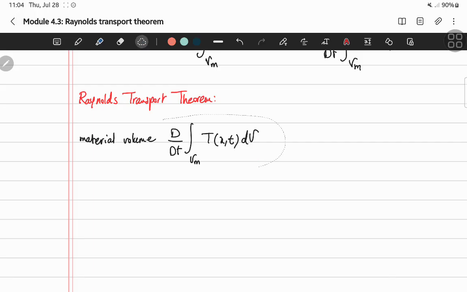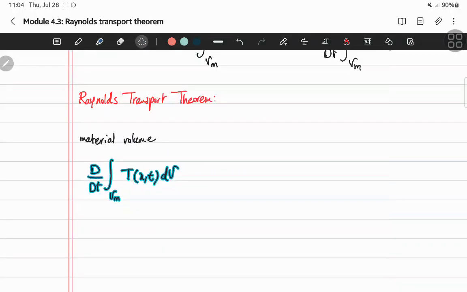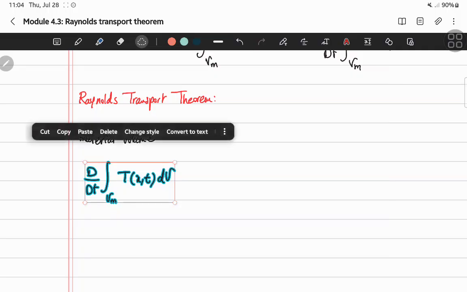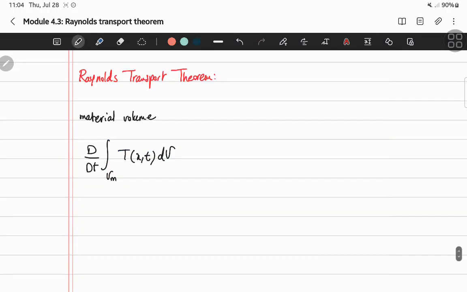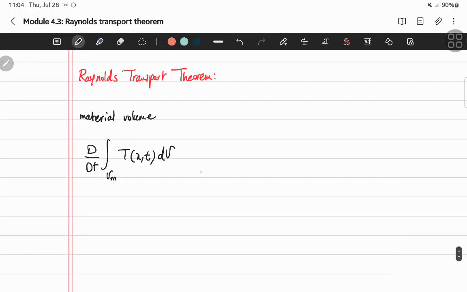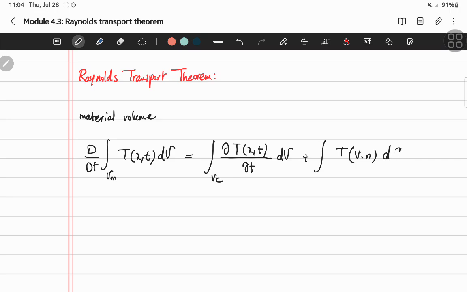So if I take this and put this in here, this is equal to the integral of the partial derivative of T(x,t) dV over Vc plus the integral of T v·n dS over Sc.